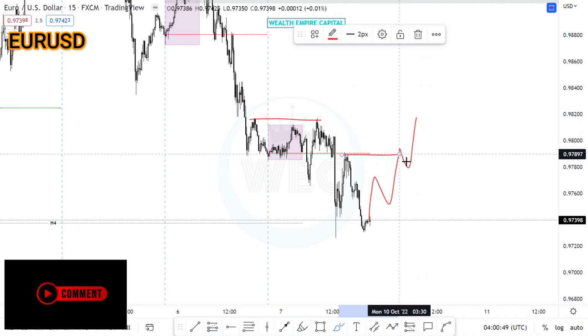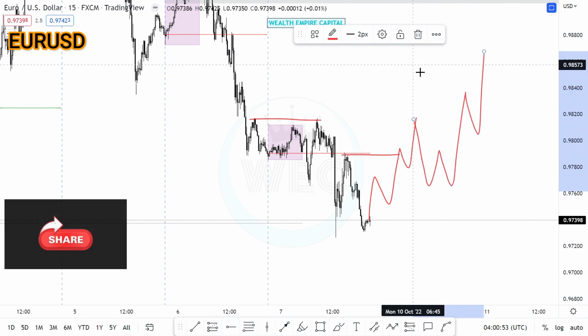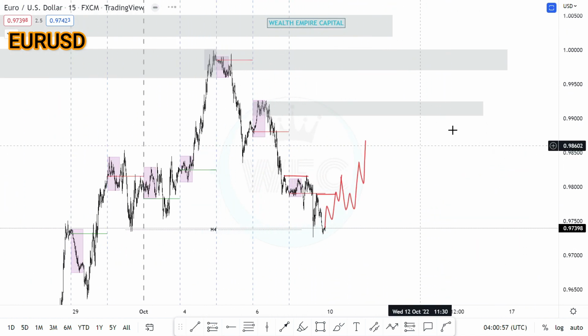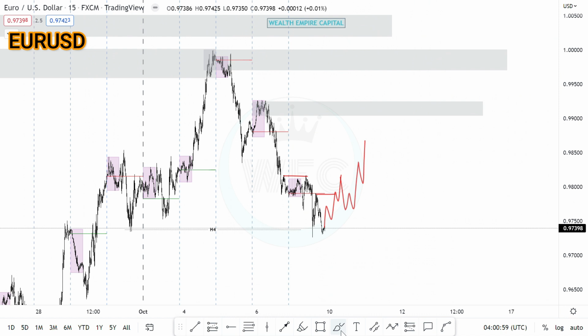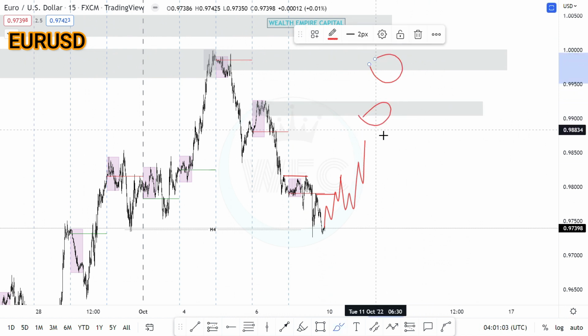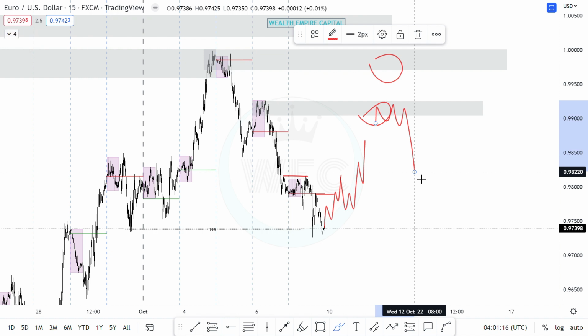We're going to break structure, and then we will start making that retracement into any of the supply zones of H4 that we marked. If price gets into any of the supply zones of H4 that we marked and it decides to give us a reaction, then we can start looking for sales to the downside. But I think all this price action will be built up within the week. So that's what I'll be looking at on Euro USD.